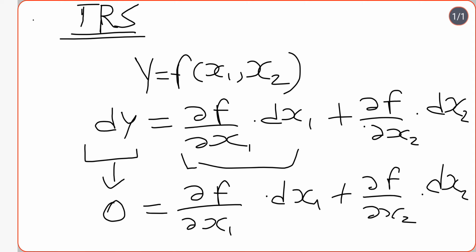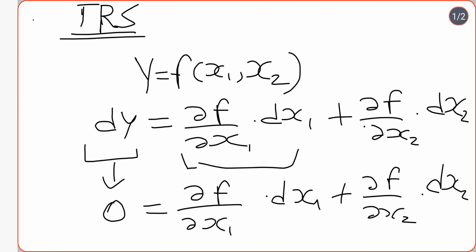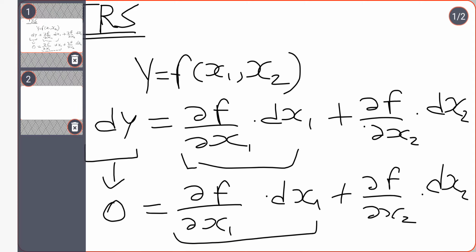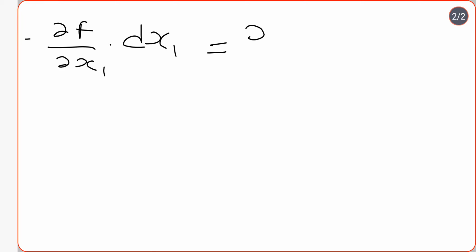Now if we take this part from the right hand side to the left hand side, what will it become? It will become del f by del x1 into dx1 and it will be in the form of minus. Similarly, on the right hand side we will have del f by del x2 into dx2.